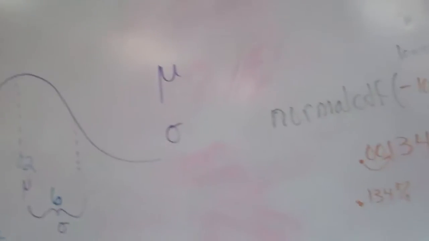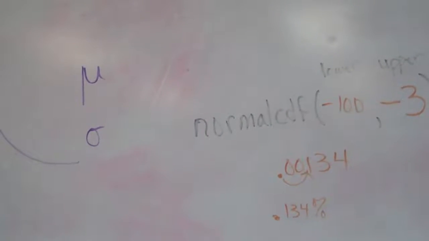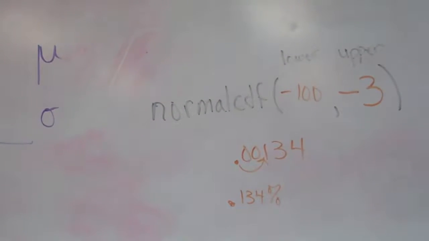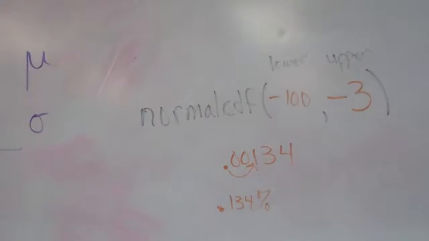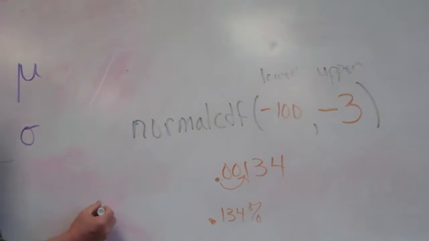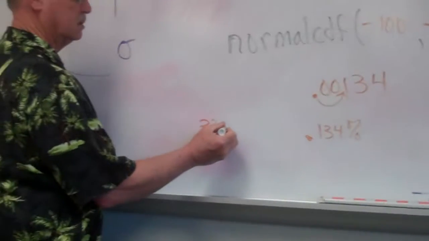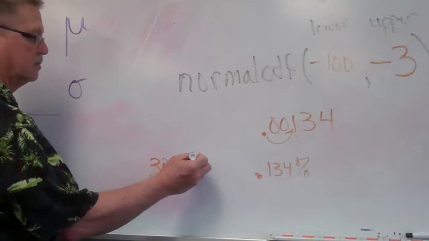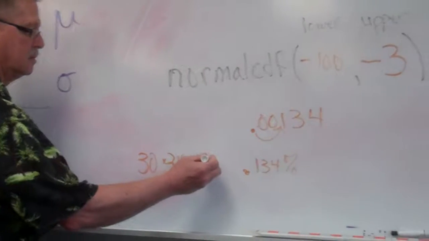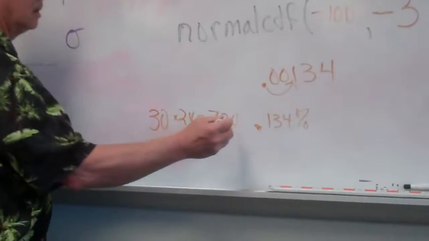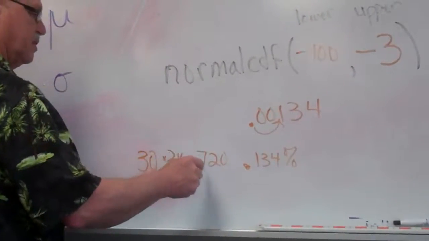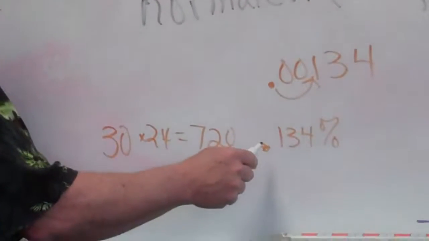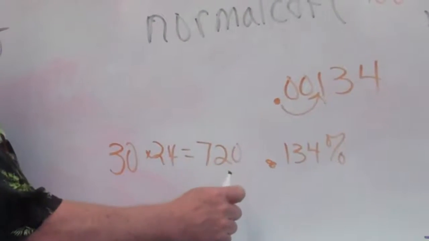All right, Luke, how many hours are in 30 days? Yep, 720. So you have to take that times 0.0134.